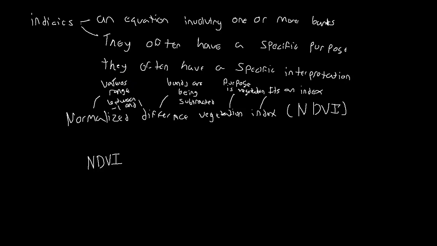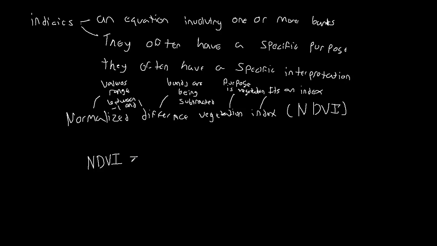So normalized values range between -1 and 1. Difference because the equation is going to involve subtraction. Vegetation because the specific purpose is for vegetation. And then index because it's an indice. So even the name here is extremely indicative of what we're trying to do.